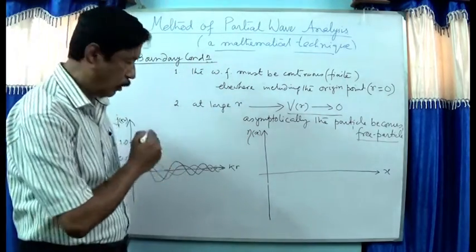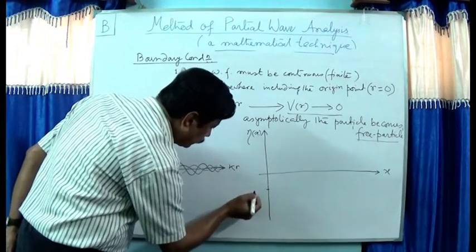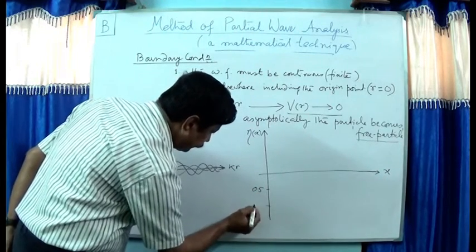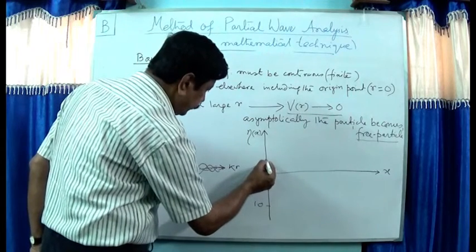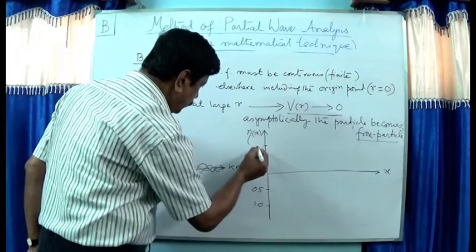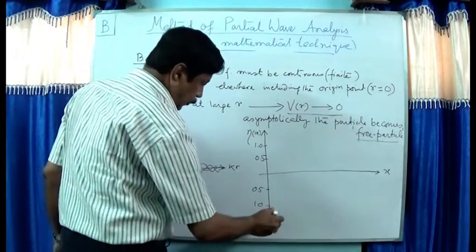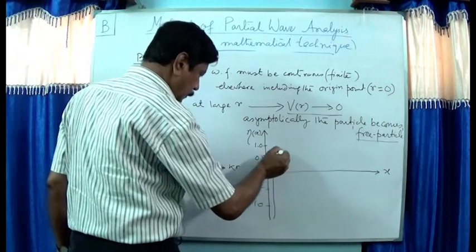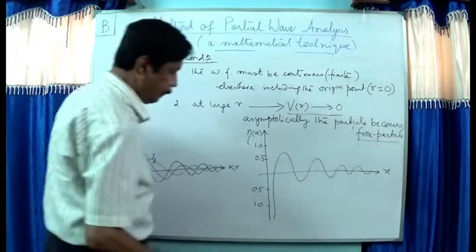Now we are going to draw 0.5, 1.0. For the Neumann function, it is found that it looks like this shape.